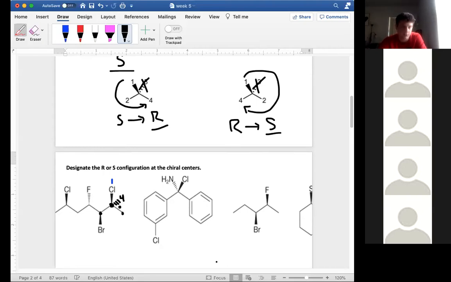Since they're both carbons, you would have to look at what those carbons are then attached to, right? This carbon is attached to hydrogens. This carbon is attached to a bromine. What takes a higher priority? The one attached to the Br.